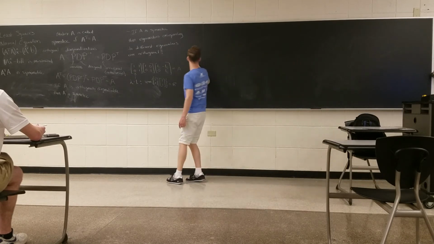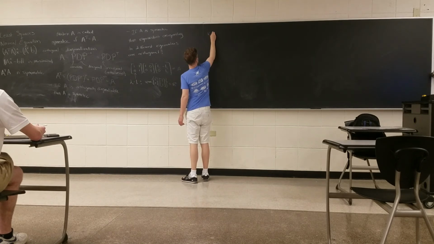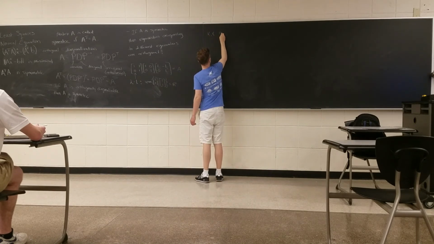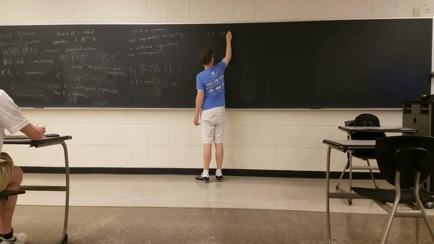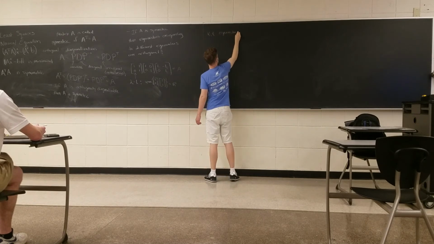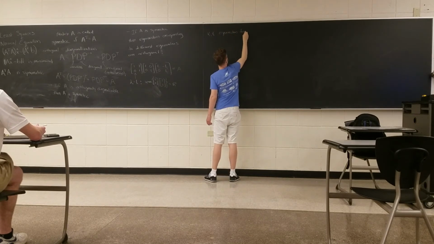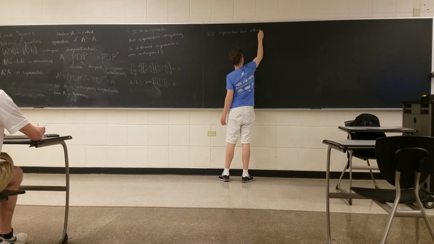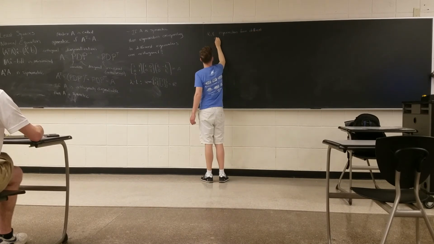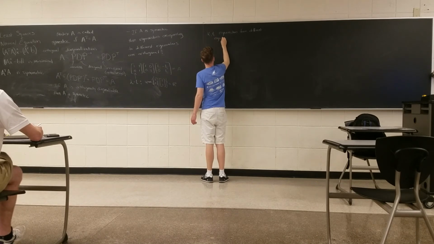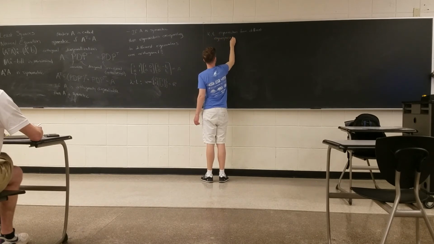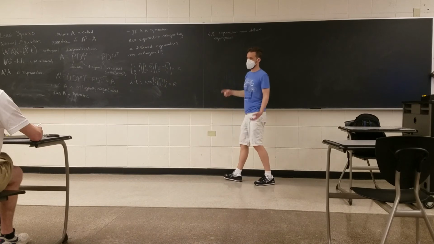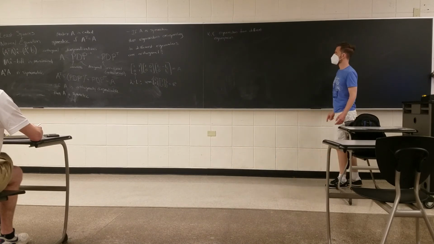What we need are v1, v2, eigenvectors from different eigenspaces. This means that their eigenvalues are different, right?